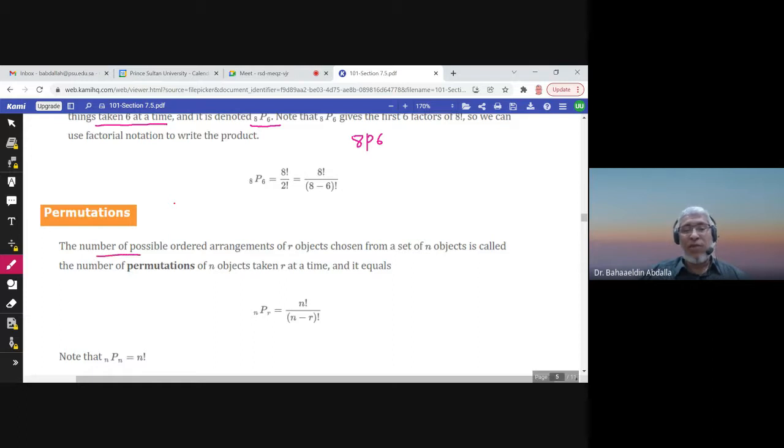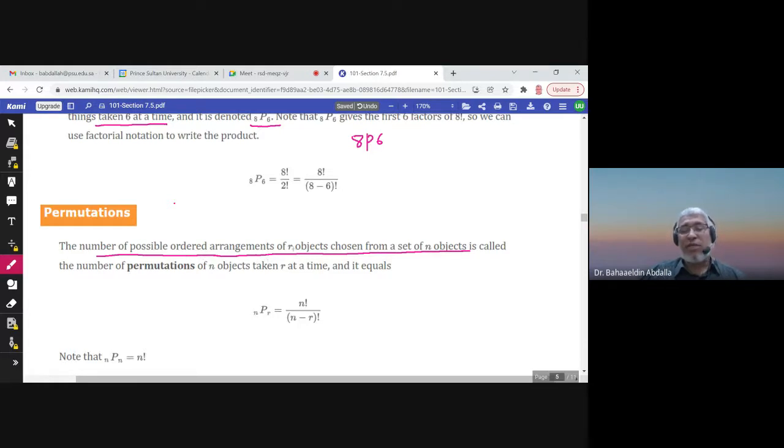So the number of possible ordered arrangements of r objects chosen from a set of n objects. Try to understand this carefully. We have n objects and we are choosing r of them, but in order, or in arrangement.